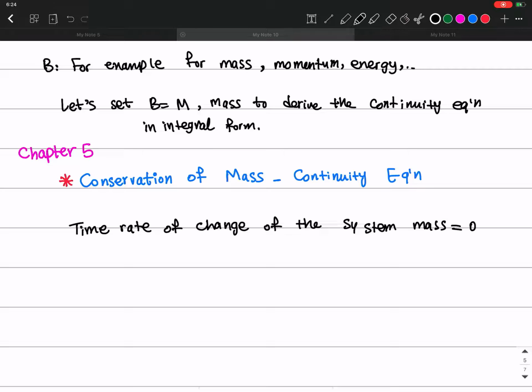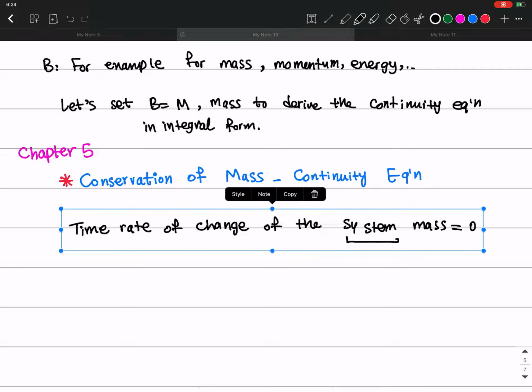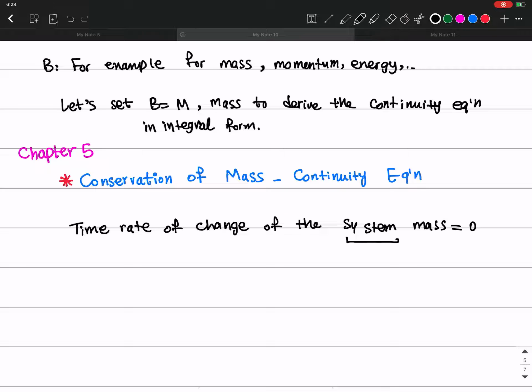What does this mean? If you have a system, the time rate of change of the mass in that system is 0. And the system is, we define it as a collection of unchanged contents.